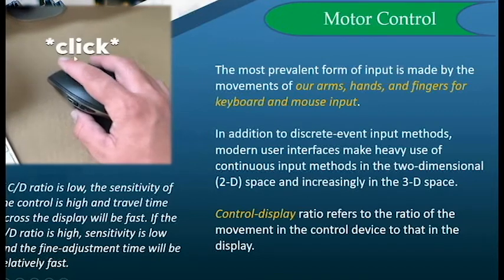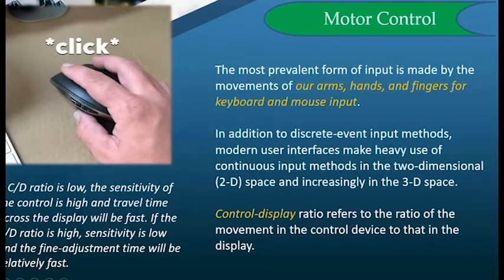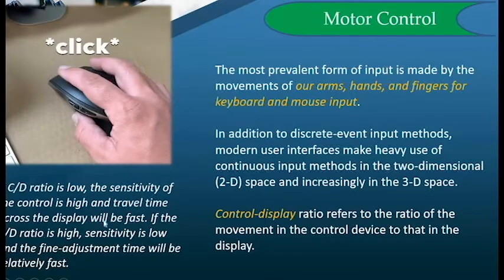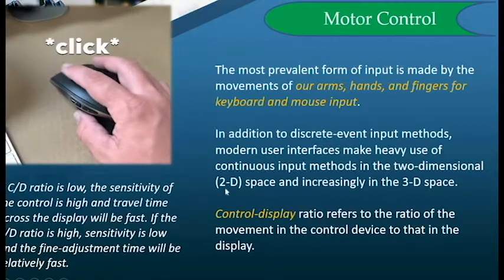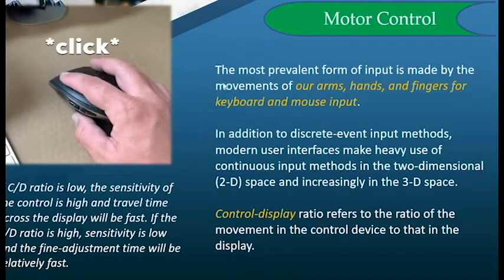An example of motor control is the ratio of the movement of your cursor to the movement of your mouse, then to the display on the monitor. So that's the example of motor control parameters. So that's for human body ergonomics.